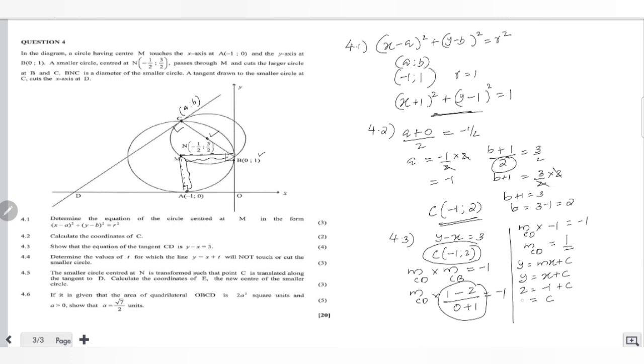Therefore, what is c, guys? 2 plus 1, which is equal to 3. That is c is equal to 3. So we got the equation y is equal to x plus 3. Isn't it? And they want to see the answer in this form, isn't it? Y minus. So just send the x to this side. That is y minus x is equal to 3. So we are done. Is it clear?